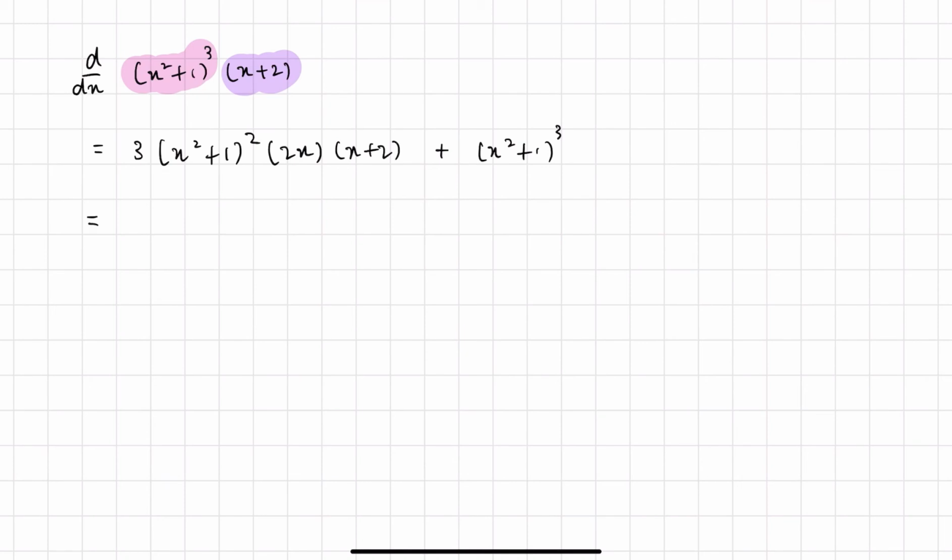Let's clean this up a little bit. I'm just going to write this as 6x (x plus 2) (x squared plus 1) squared. You can factorize further if you like, but this is basically how you differentiate using the product rule.